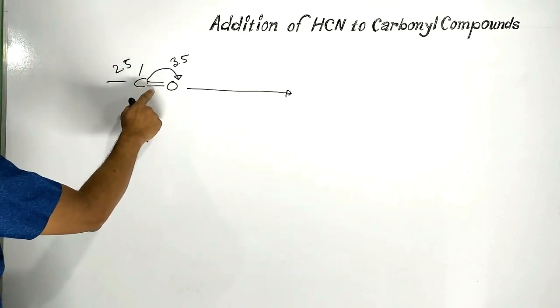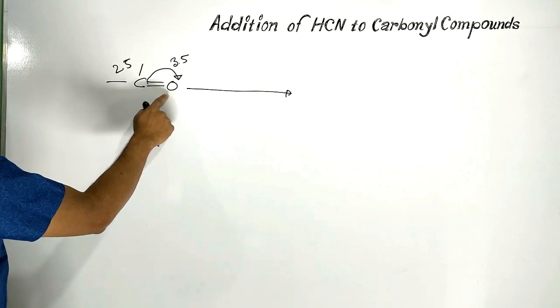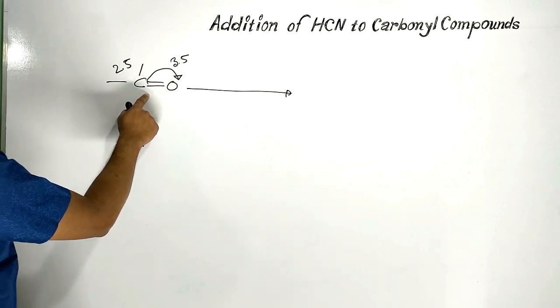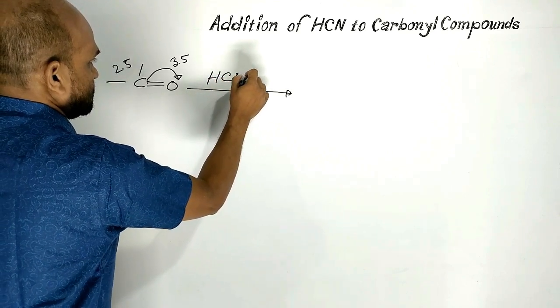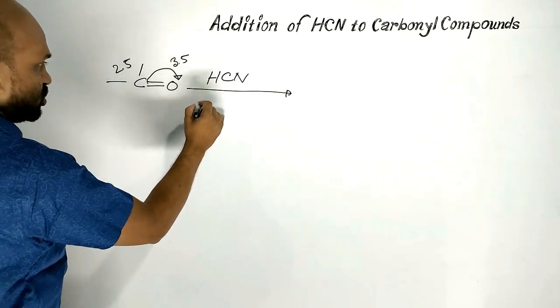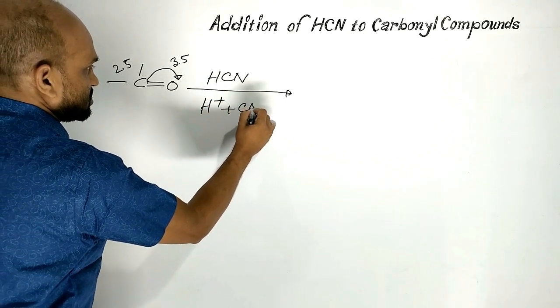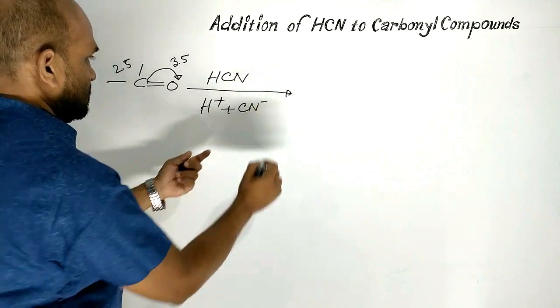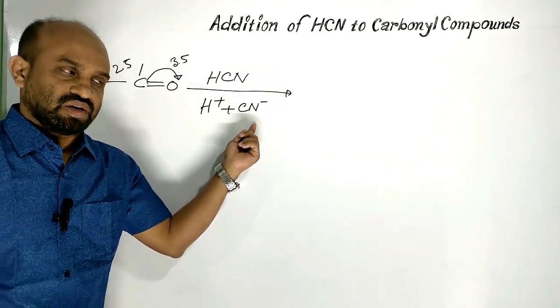That is why pi bonded electrons move towards oxygen. When carbonyl compounds are added to hydrocyanic acid, that produces proton and cyanide ion. Here, cyanide ion is a kind of nucleophile.